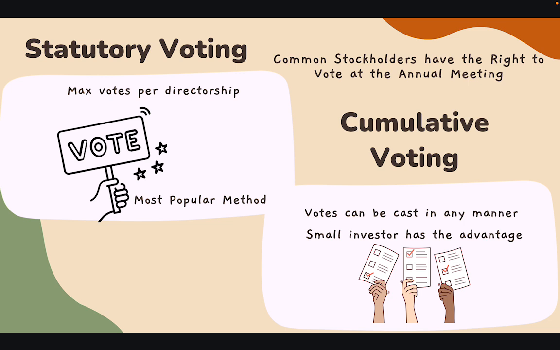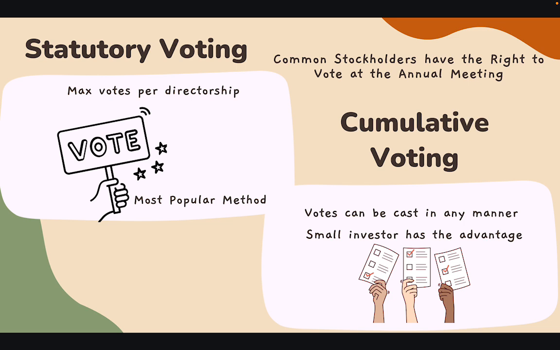First of all, there's statutory voting. That is the most common type of voting, and each stockholder gets a maximum number of votes per directorship. However, there is also something called cumulative voting, which means they can use as many votes as they want to vote for any one directorship.